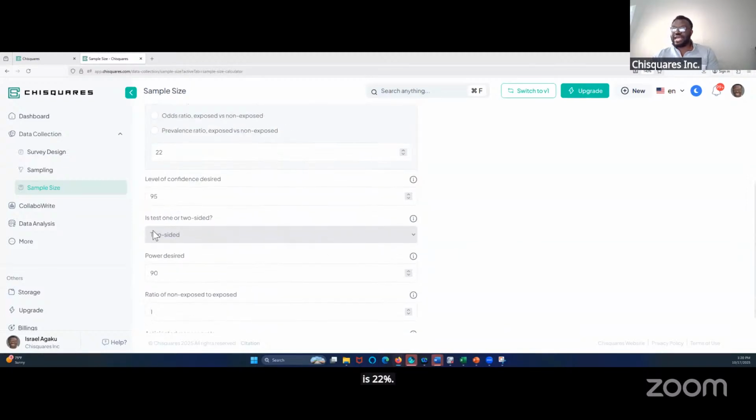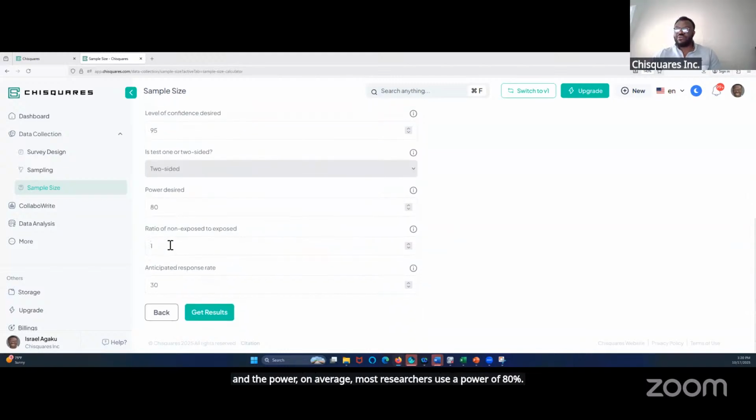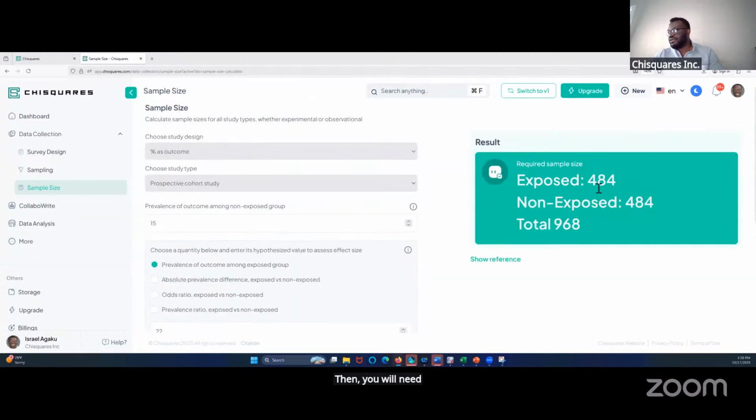If we had a two-sided test and a power, on average, most researchers use a power of 80%, with a 1-to-1 ratio, let's assume a response rate of 100%, then you will need 484 people in each group, right?